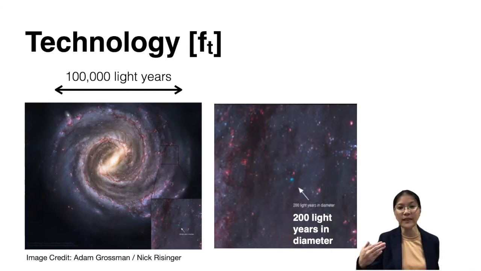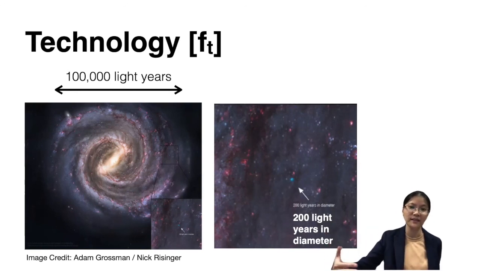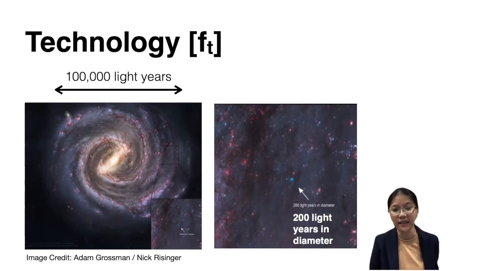So it will take a lot of time for light to reach the farther parts of the galaxy, even hundreds of thousands of years. That is much longer than the lifetime of a single human or even the generations of technology that we've had so far.